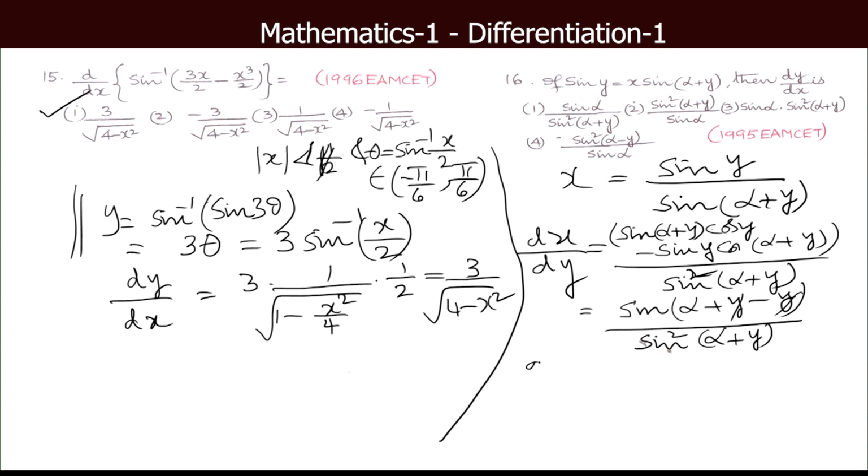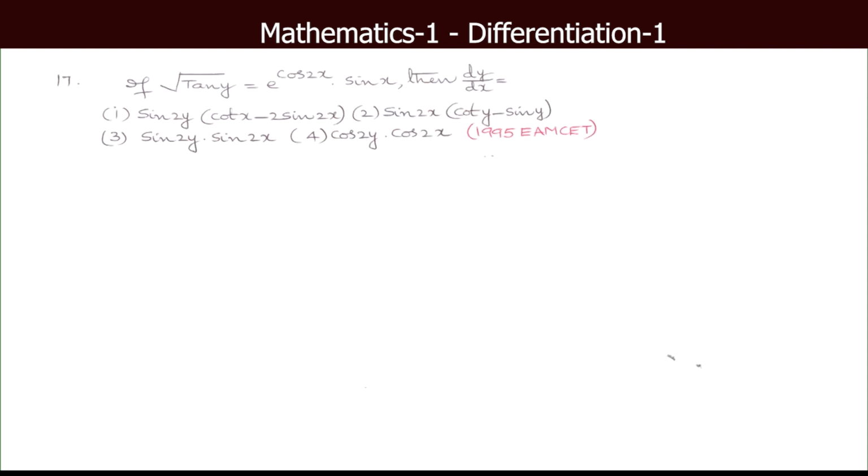So dy dx is sin square alpha plus y by sin alpha. Follow? So ultimately the final answer is sin squared alpha plus y by sin alpha, which is the second option. It requires a little more calculation.